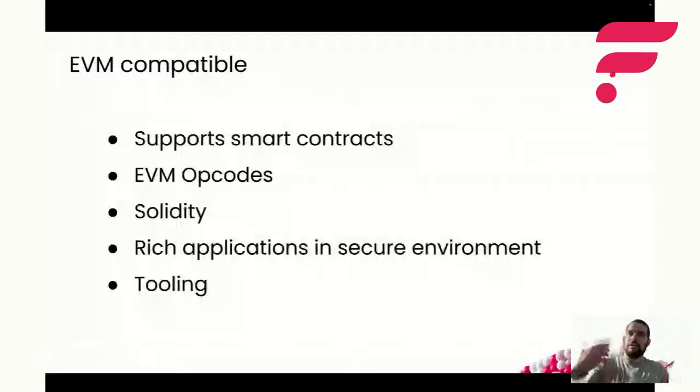If you want to develop on Flare, you can easily use Hardhat, you can use Foundry, you can reuse existing OpenZeppelin libraries. If you use an existing OpenZeppelin library, you can rely on their audits and so on. So you don't have to build things from scratch. You can build on top of things. You can stand on the shoulders of giants and build something more.